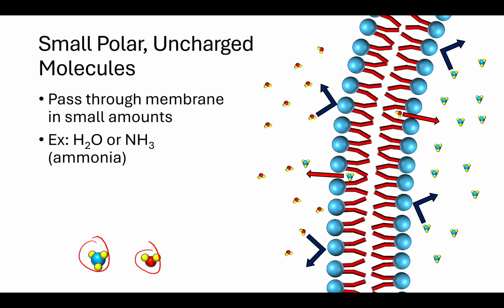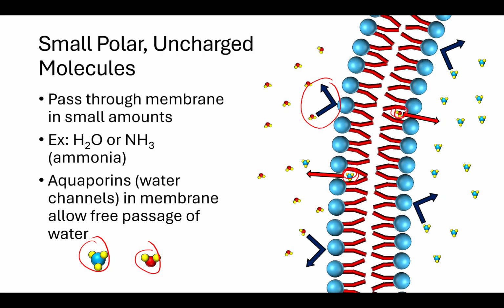You can see that a small amount of water is getting through relative to the amount in this solution, and a small amount of ammonia is getting through, but a lot of it gets bounced back. It might either bounce off or be more attracted to those hydrophilic heads of the phospholipids. That's why you need channel proteins called aquaporins that freely allow the passage of water, which we're going to talk about in much more detail when we talk about osmosis in another lesson.